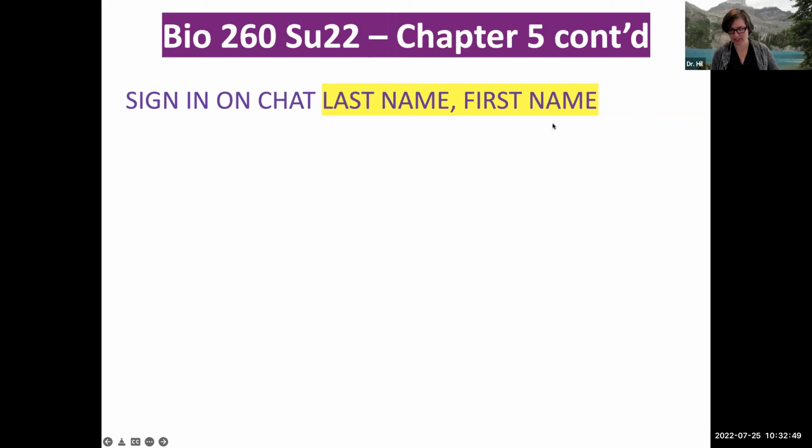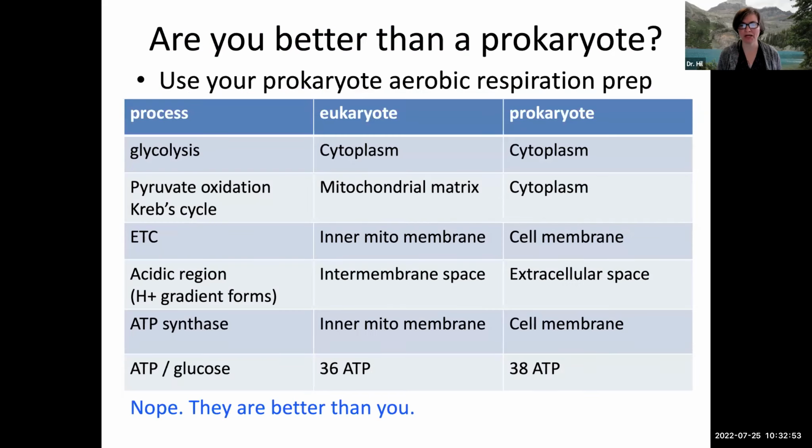So we're going to continue today to talk about metabolism. And I just want to remind us of where we were when we left off. We were comparing aerobic respiration, which is a metabolic process that is performed by lots of organisms and definitely should have been drilled into you already because it is the one we humans use.